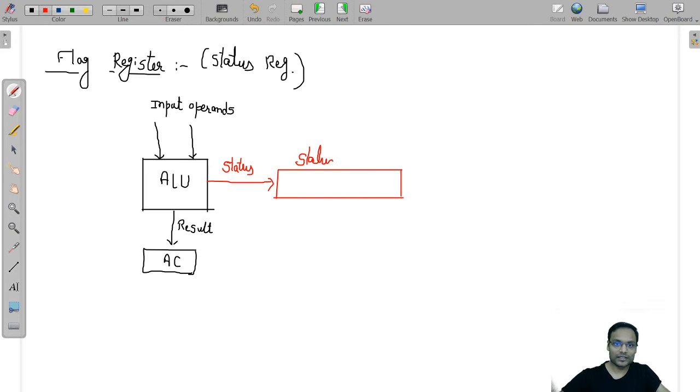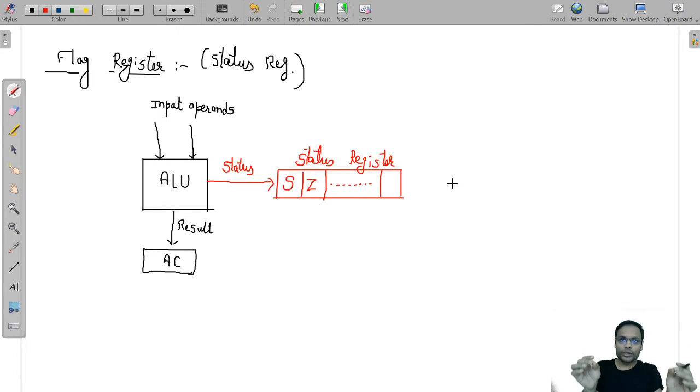In this status register, or flag register, we have a small single bit given for each flag. So one flag you will have for sign S, one flag for Z, and there are some other flags. I'm not going to tell you that this bit only will be for sign, or this bit only for Z.